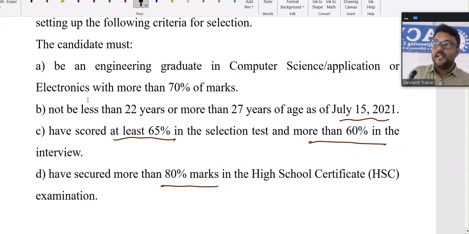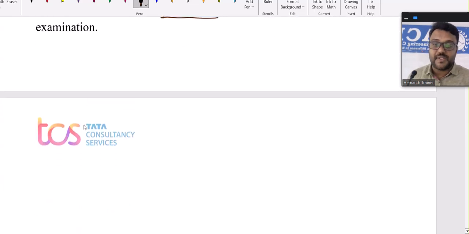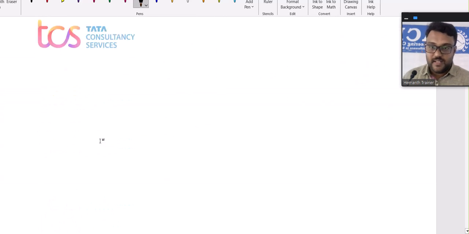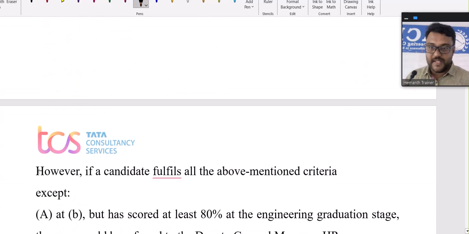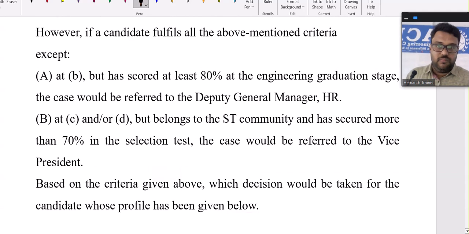Suppose among these A, B, C, D, they may give some exemptions. Let's see those exemptions. For B, C, or D: we have 4 conditions A, B, C, D, and if all are satisfied except B, then you are referred to the general manager, provided you have at least 80% in engineering.